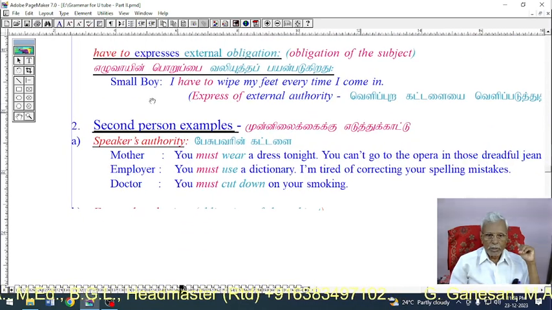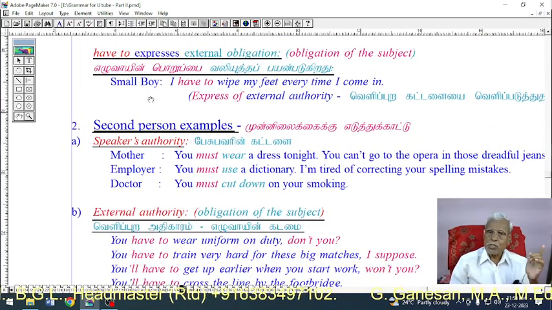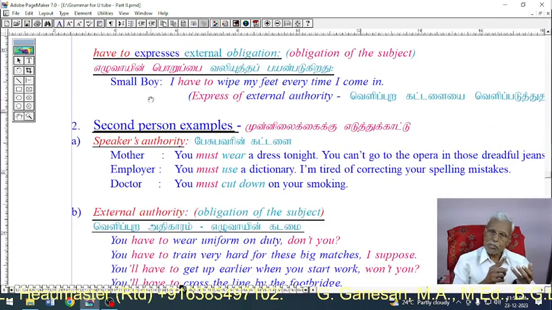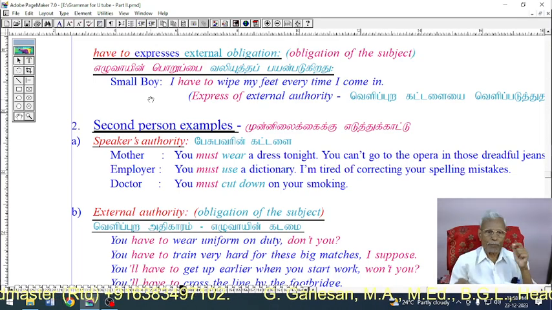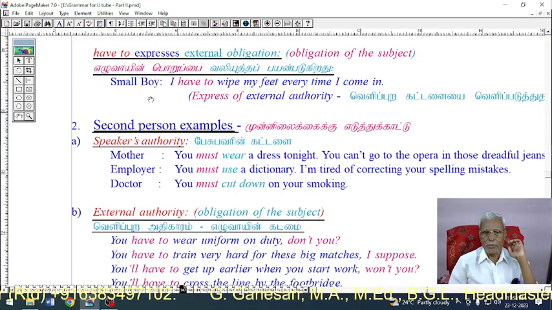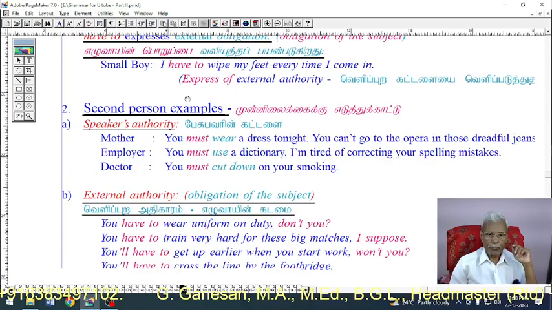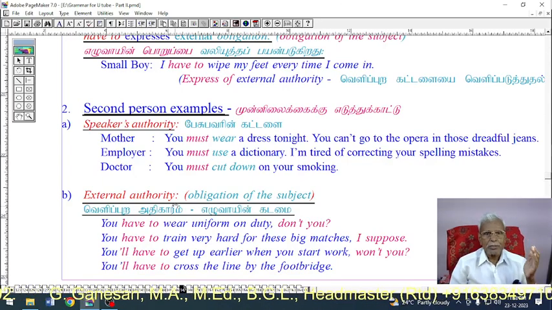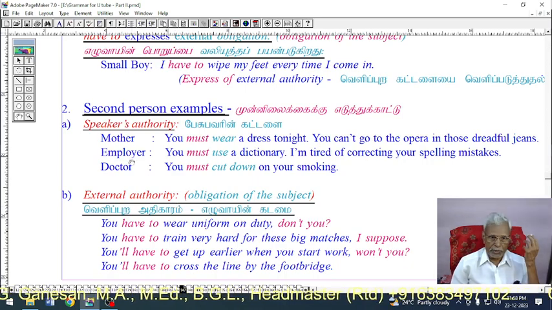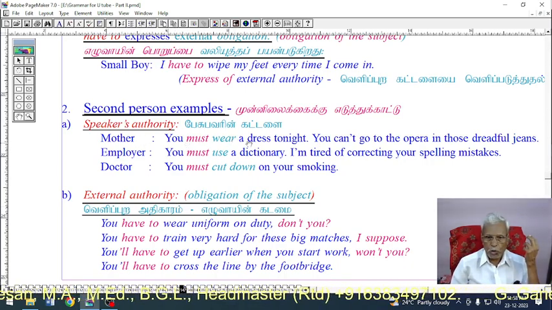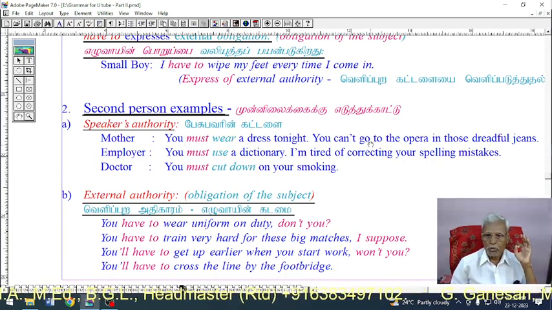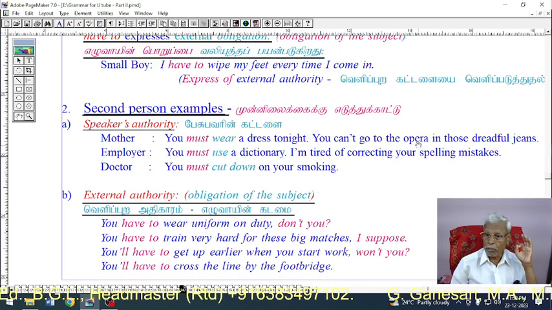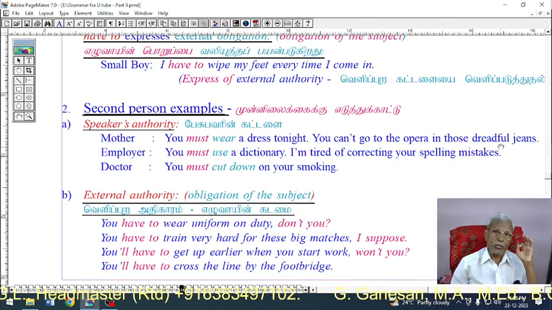Then the uses of must and have to in first person, second person and third person, we are going to see. First, let us see the second person. In second person, the authority of the speaker. Mother: you must wear a dress tonight. You can't go to the opera in those dreadful jeans.